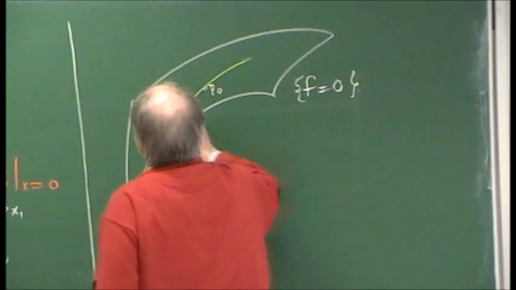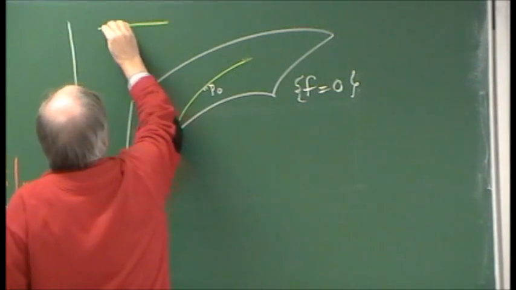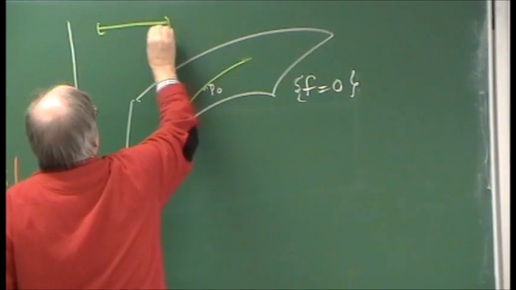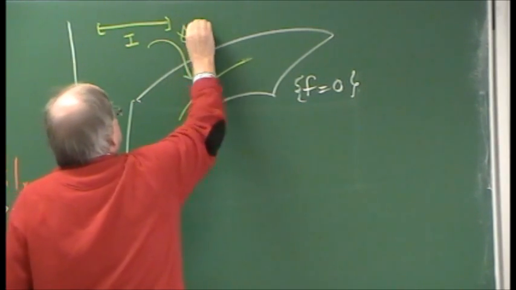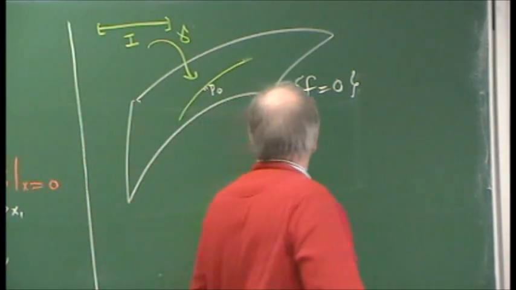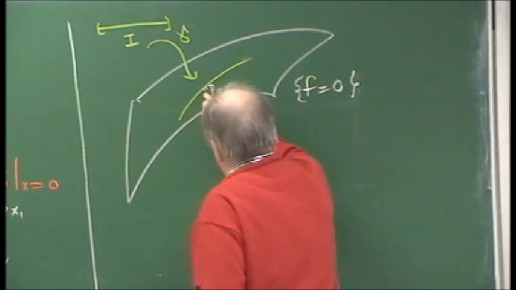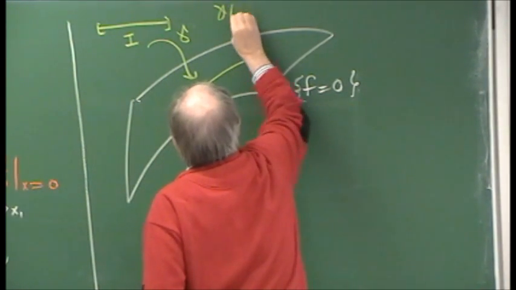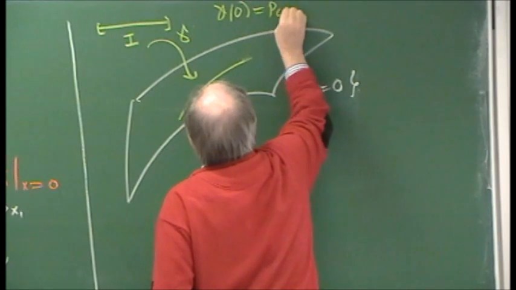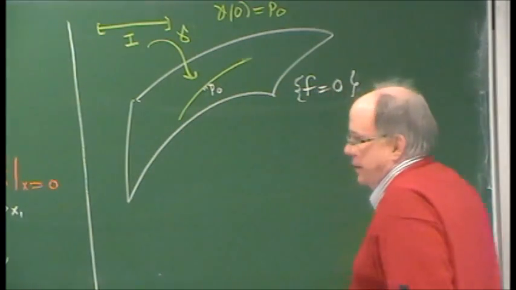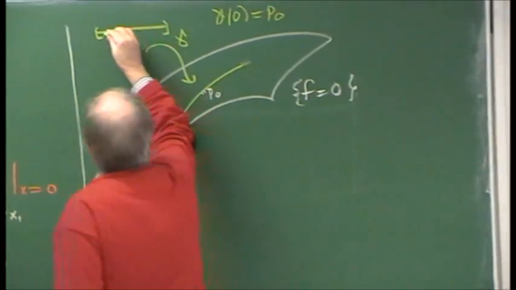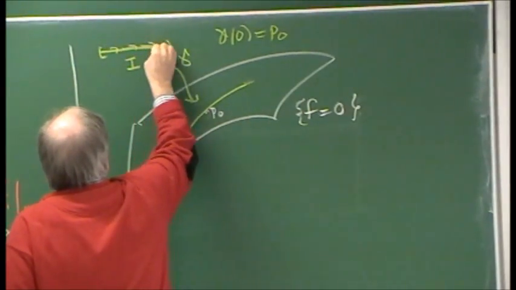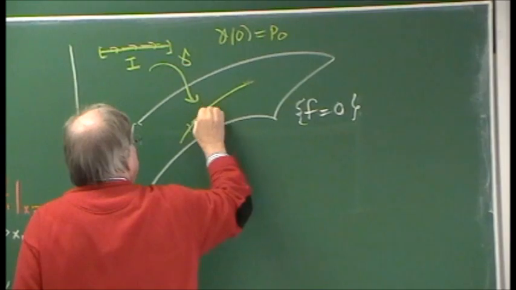A curve, as you know, is a map of an interval, say gamma, into the surface. And you want to set this up at p0, so gamma of 0 equals p0. And the curve has a velocity vector.